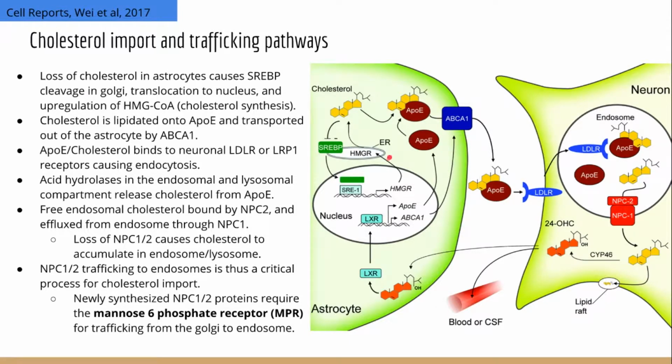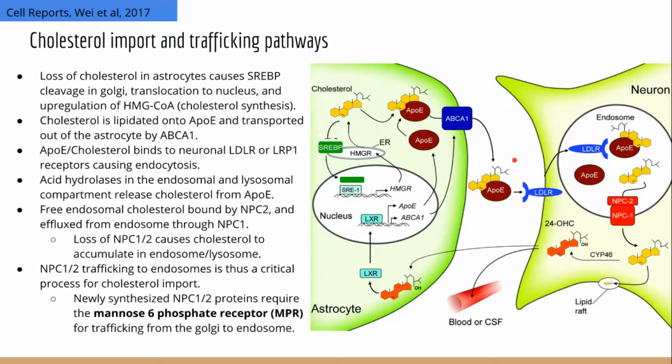Cholesterol gets made and then it gets picked up by APO. APO then lipidates itself and is then expelled by the ABCA transporter and is now in the extracellular matrix, ready to be recognized and picked up by neurons.